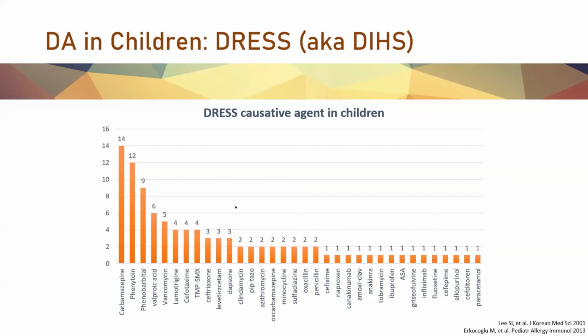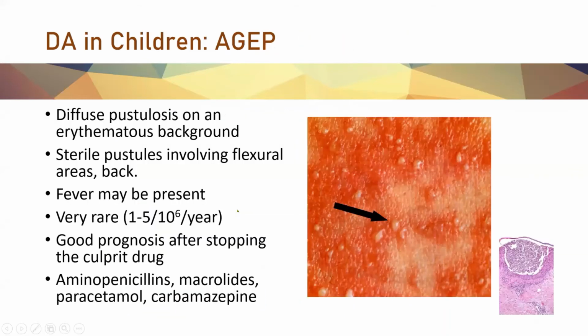So these are different types of case reports that are grouped together. We see that even with large exposure, paracetamol, just imagine how many exposures we have in our patients, is a very rare cause of DRESS, okay? While the antiepileptics are much more common.